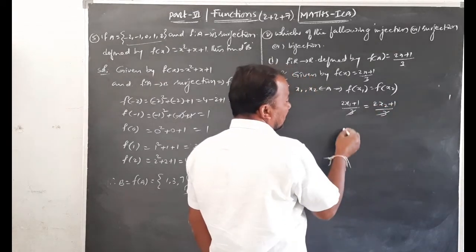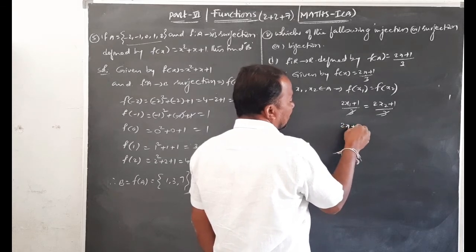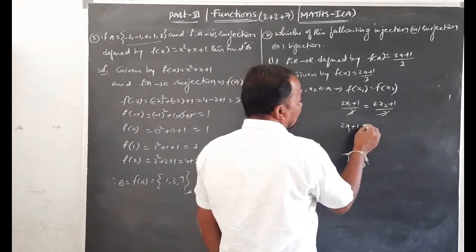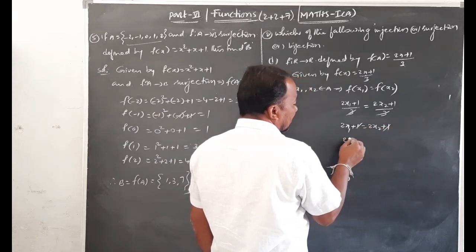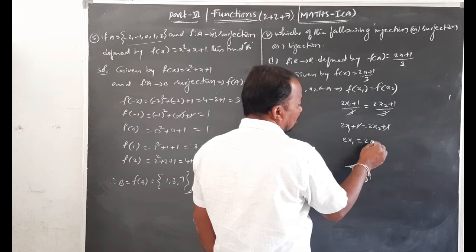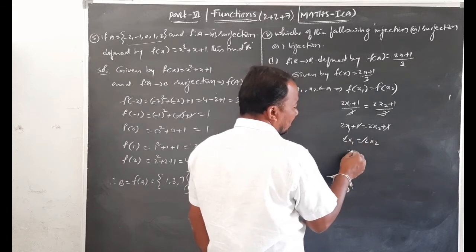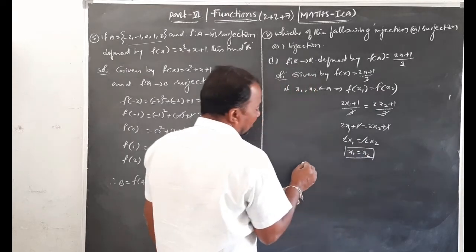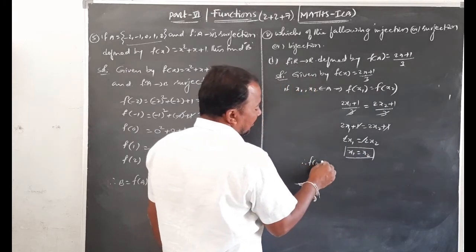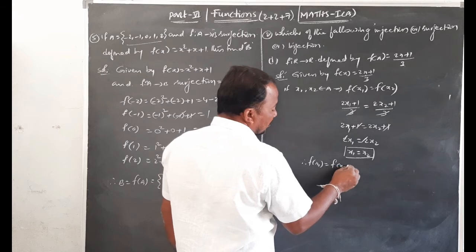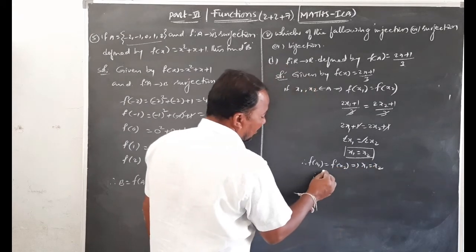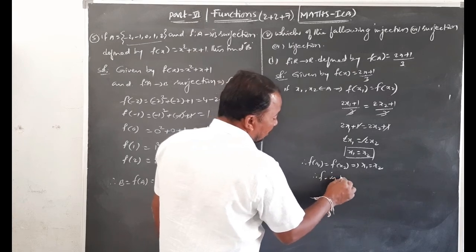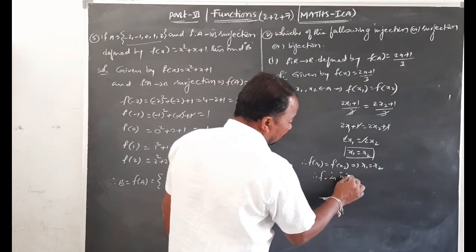The 3 cancels, 2x1 plus 1 equals 2x2 plus 1, the 1 cancels, 2x1 equals 2x2, the 2 cancels, so x1 equals x2. Therefore f of x1 equals f of x2 implies x1 equals x2, so f is an injection.